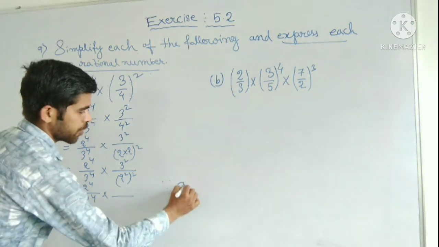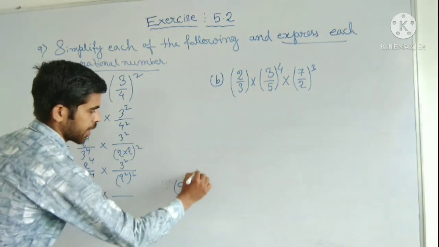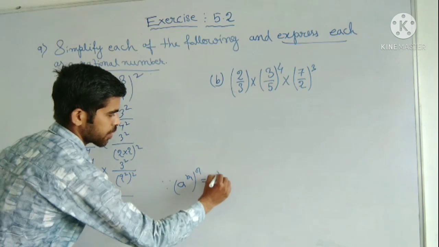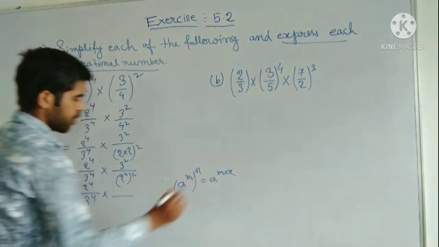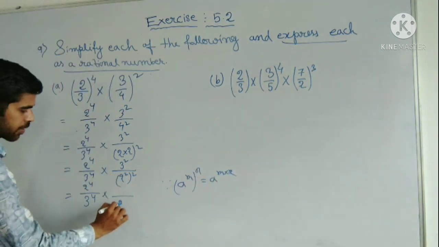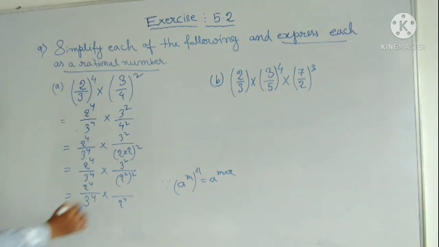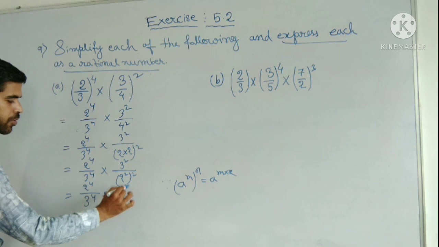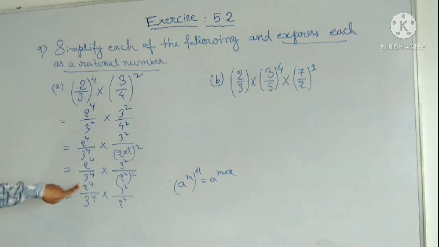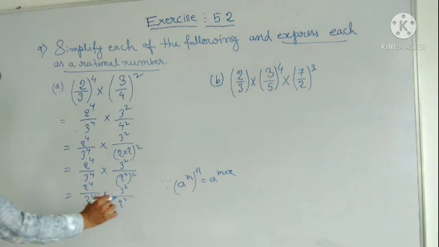If (a to the power m) whole bracket again to the power n, then you multiply these powers. Same thing will be used there. Then 2 into 2 means 2 square, to the power 4 gives 2 to the power 4, and there 3 square.